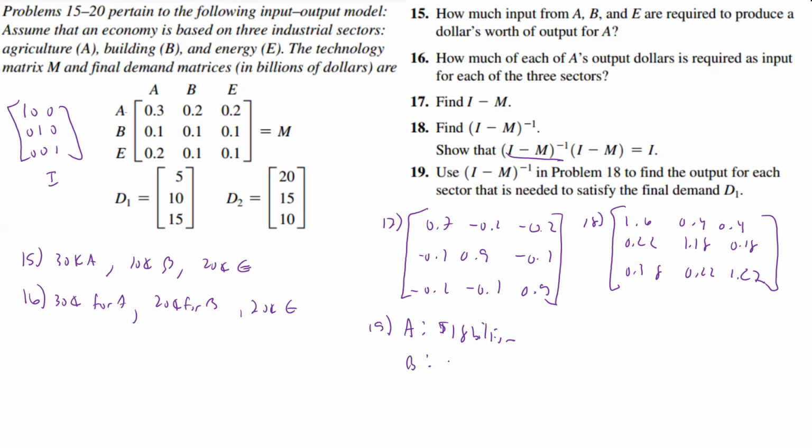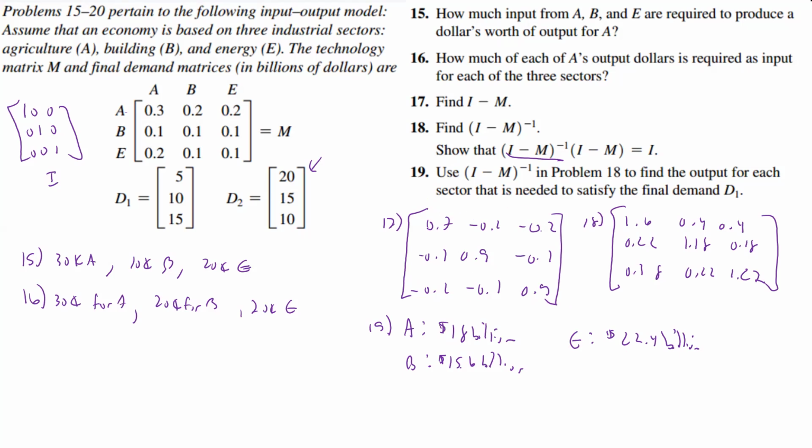Building is going to be 15.6 billion. And E, which is our energy, is 22.4 billion. Again, we could also find it for D2, which I believe is number 20, but for now we're just going to show one example, and that's how you do it.